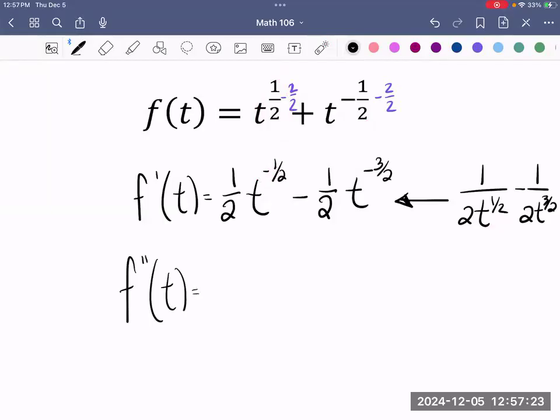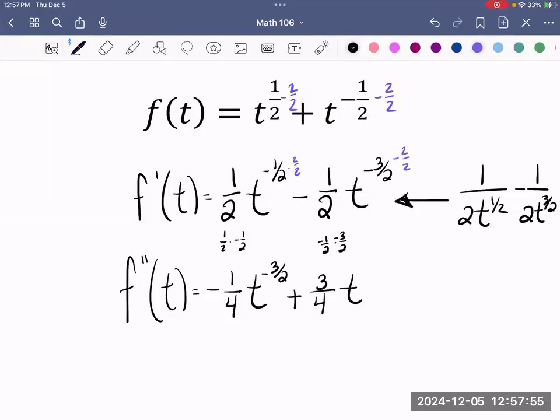We'll bring down the negative 1/2. So that makes 1/2 times the negative 1/2. That would be the negative 1/4. Subtract another 2 over 2. So that one turns into that 3 over 2. Plus, and again, this would be negative 1/2 times 3 over 2. So that would be, and that's a negative, plus 3 over 4 t, and again, subtract 2 over 2 here.